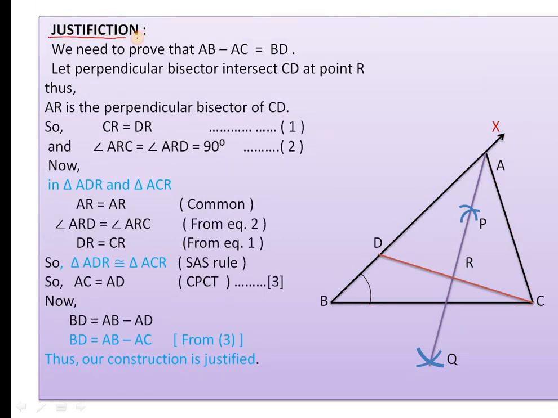Now justification. We need to prove that AB minus AC is equal to BD.